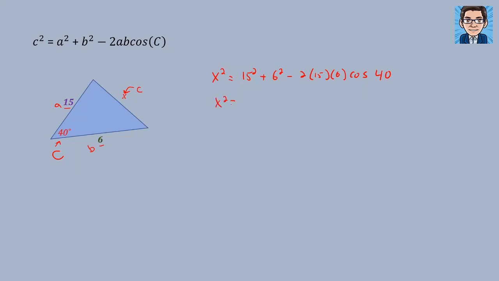So x squared is going to equal 15 squared, which is 225, plus 6 squared, which is 36, minus 2 times 15 times 6, which gets us 180, times cosine 40. Combine 225 and 36, and we get 261.